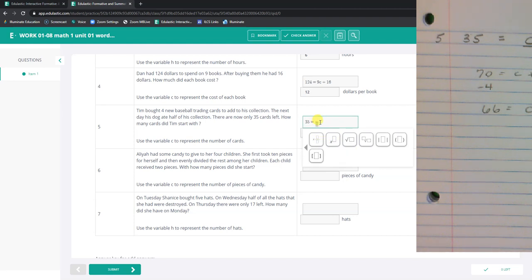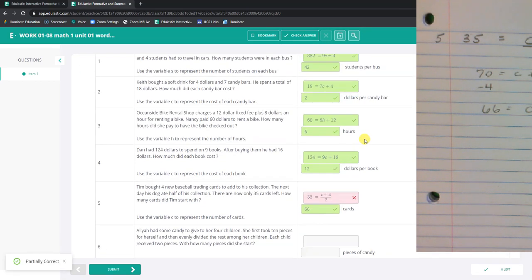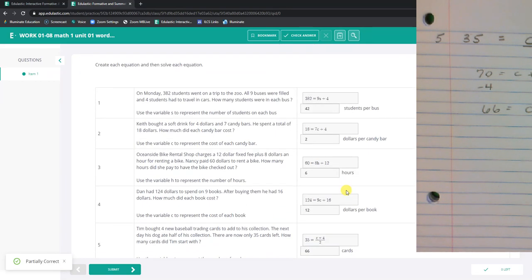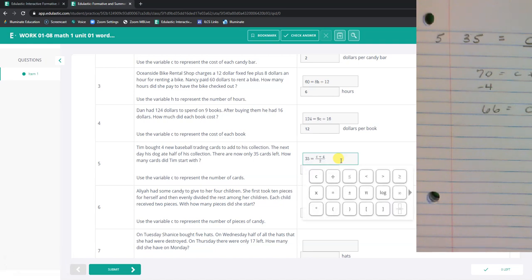C plus 4 over 2. And 66. Yeah, it doesn't like it. So let's use the one that's built into the answer key. Let's change this to 0.5 times C plus 4.